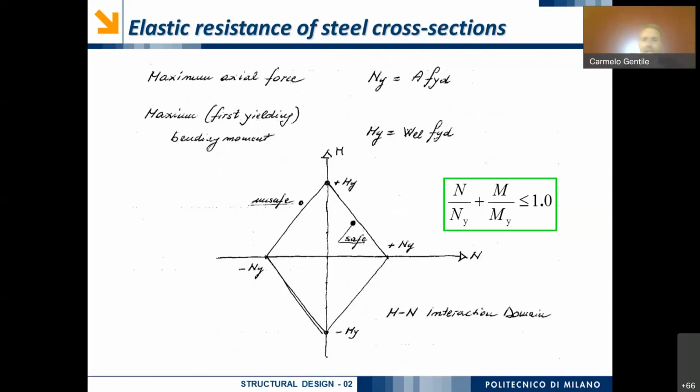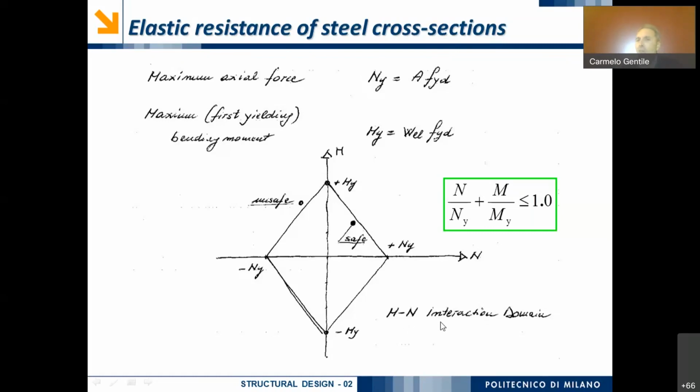Okay, but when the shear is equal to 0, and so we have just the normal stress that is associated to axial force and bending moment, we can also check the elastic, and not only the elastic, but also the plastic resistance of a steel cross section by using the so-called MN interaction domains.